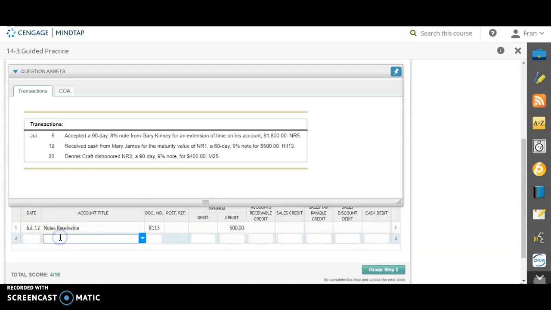So on the next line, you have to record the interest income of $7.50. So Mary pays you $507.50. Okay. The debit is $507.50. You got a credit for $500, a credit for $7.50, and it balances up.